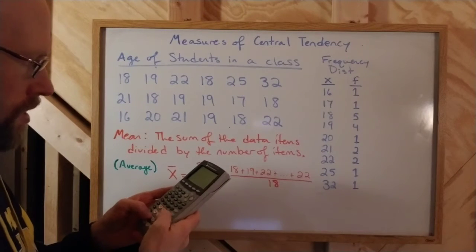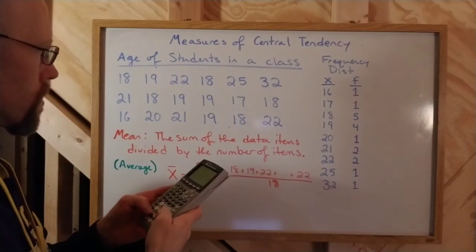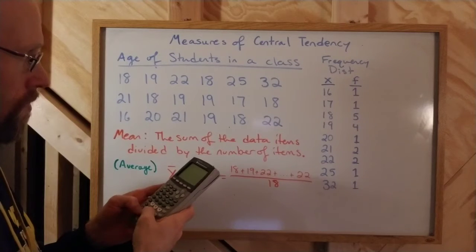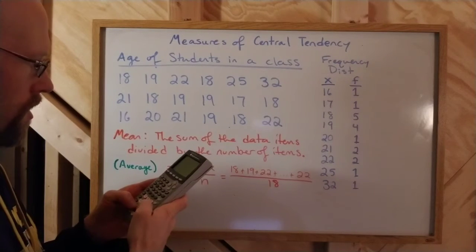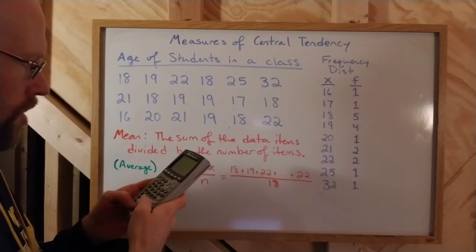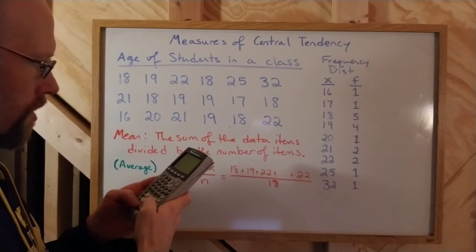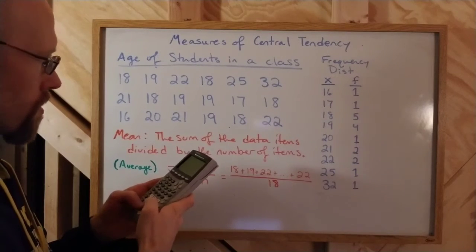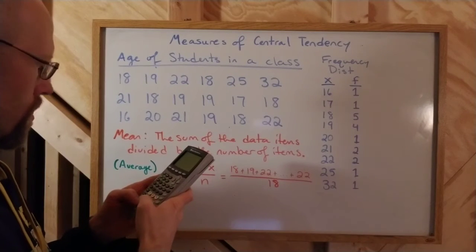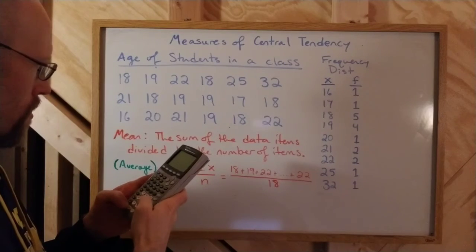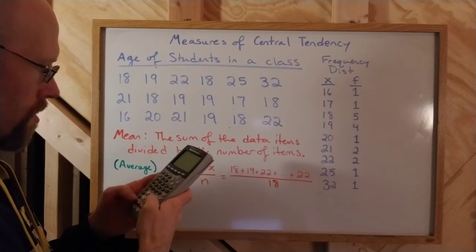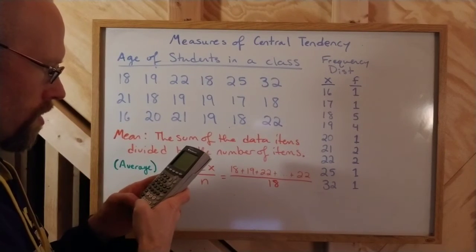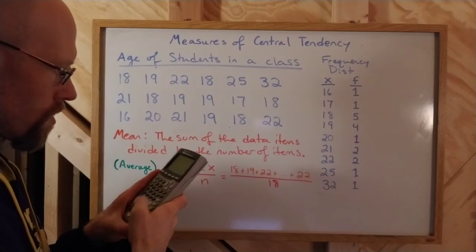18 plus 19 plus 22 plus 18, 25, 32, 21, 18. You can double check me at home if you'd like. I think that would be helpful, because I could very easily mistype this. Oh, I almost did. I hit 2 and not 22. Double check.